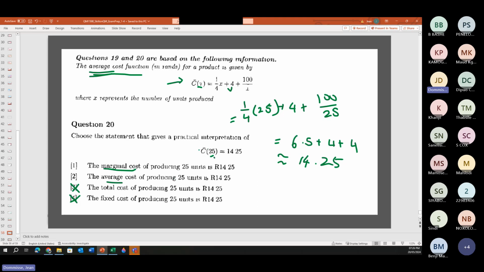If it looked like this, where it says we differentiate the function and then we put 25 in, then it would have been marginal cost. But at the moment, we're only looking at average cost. So the correct answer is option 2 because it is the average cost that we're looking at. Okay.